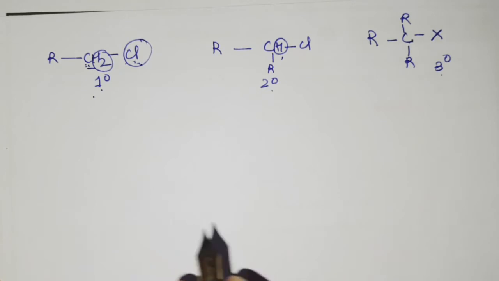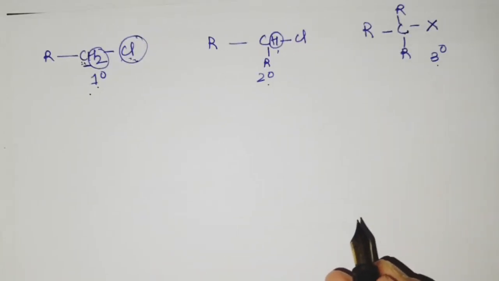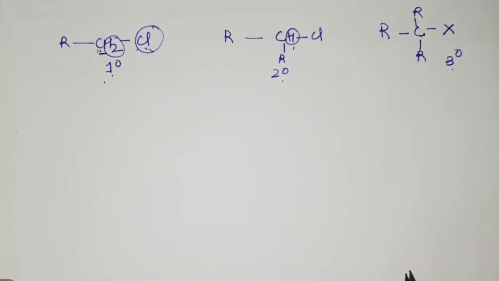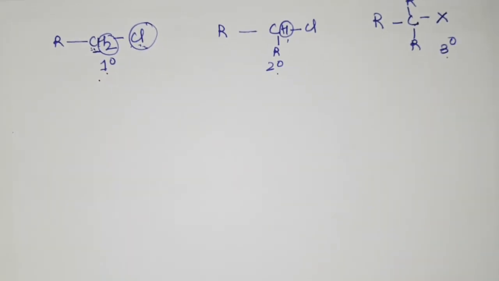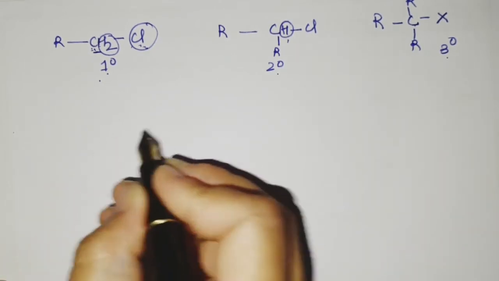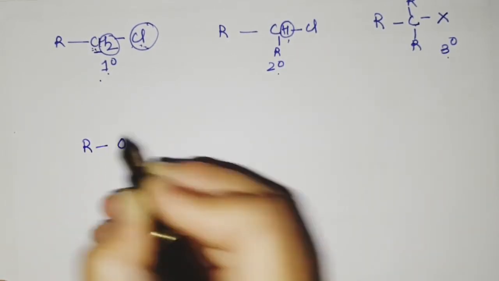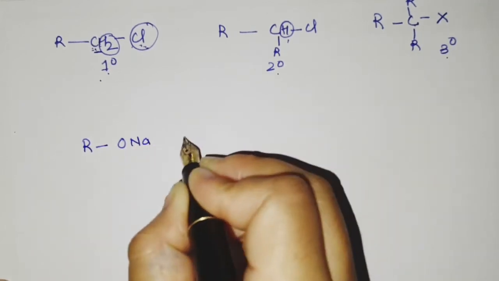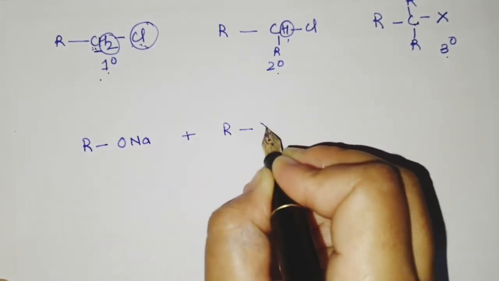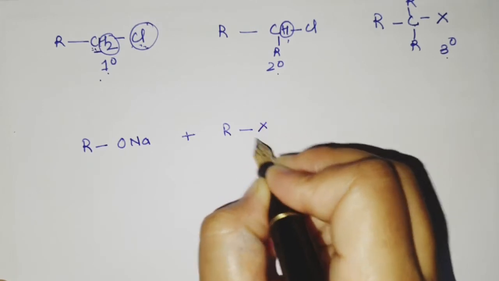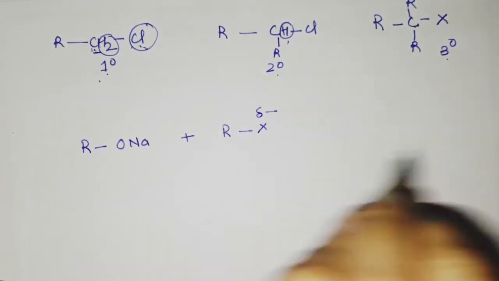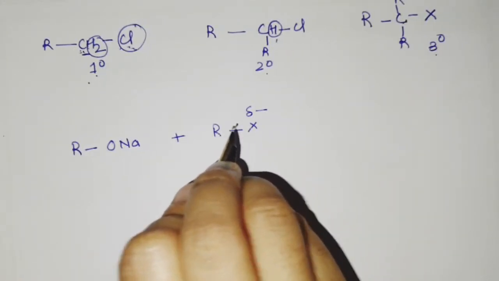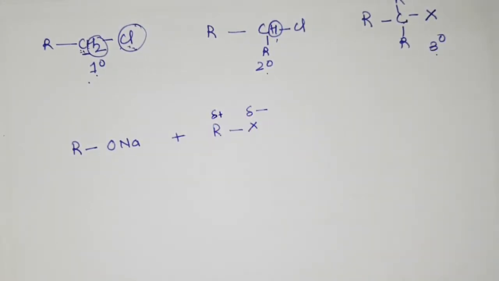In Williamson synthesis, the preferred alkyl halide is the primary one. Why? Consider R, O, Na, and R, X. The halide is more electronegative, so it pulls electrons toward itself and has a partial negative charge, while the alkyl carbon has a partial positive charge.